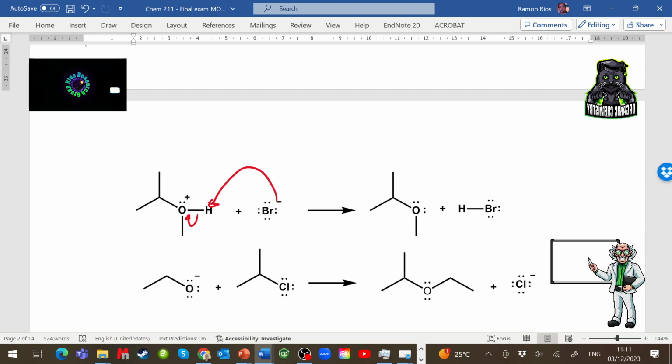Next one, the pair of electrons of the oxygen attack the electrophile, okay, and then at the same time, because we suppose that it's an SN2 reaction, the chloride is departing, that is the electrons forming the carbon-chloride bond are going to the chloride to generate the final compound.